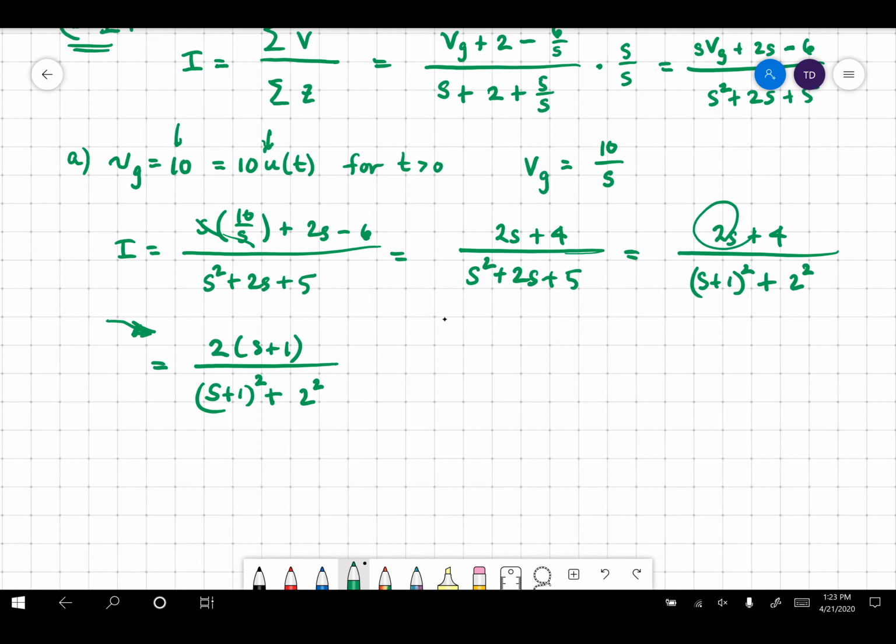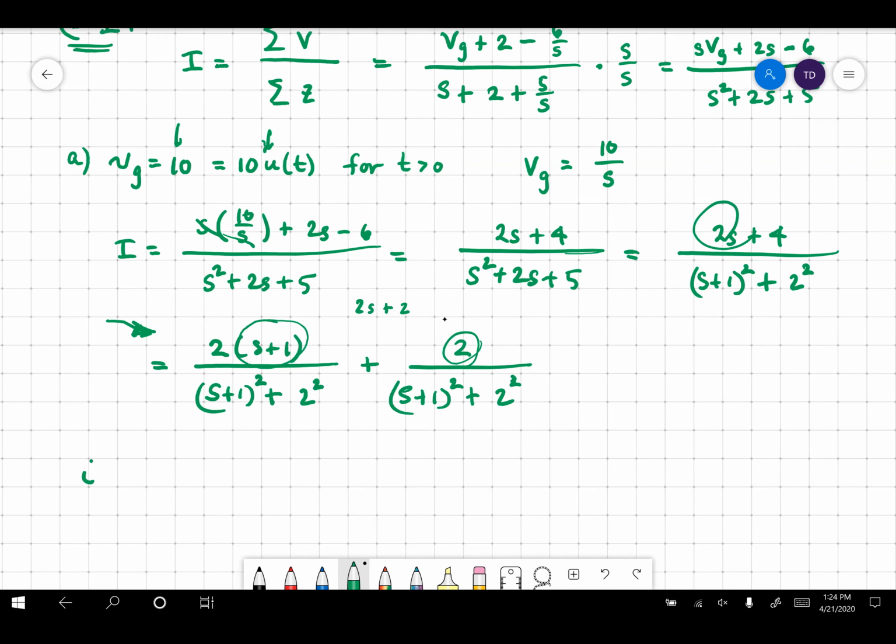So right now I have 2S plus 2, but I want plus 4. So I need 2 more. And I was nice to you on this one because this is exactly what we need here. So we are ready to inverse.